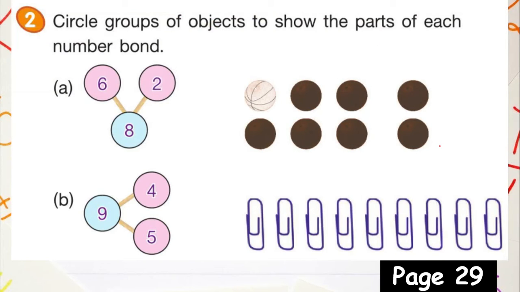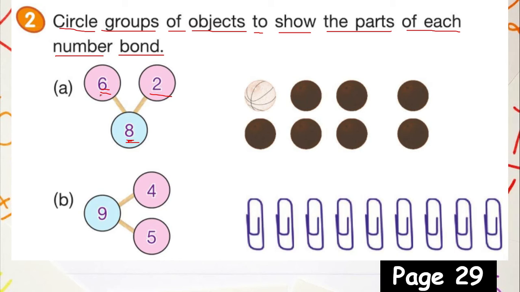Next, circle. Let's read. Circle groups of objects to show the parts of each number bond. So we're going to divide these pictures based on these bonds. We have here 6 and 2. 6 and 2 make 8.